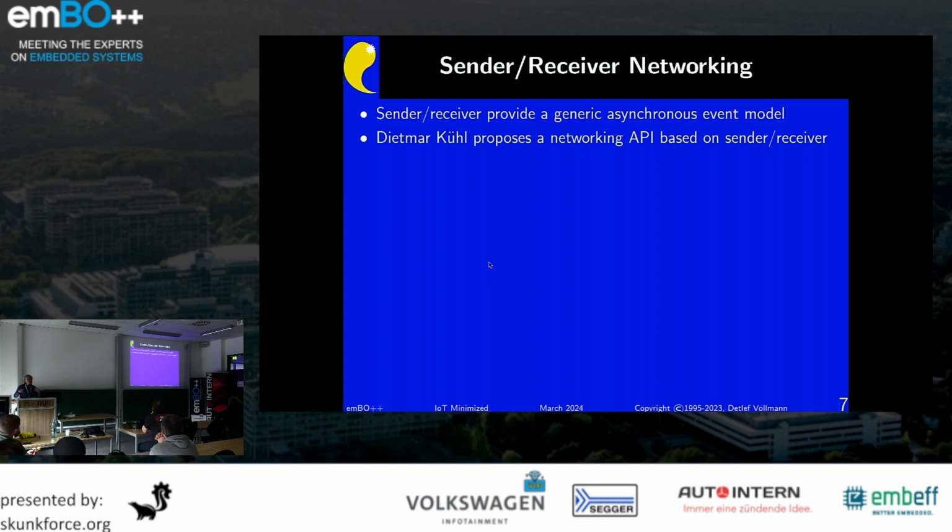So this is a generic asynchronous event model, and the discussion about this went on in the C++ committee for more than 10 years, because it is actually pretty tightly coupled with execution contexts. So, for example, on a server, you have multiple cores, you might even have multiple processors, you might have GPUs, you might have other accelerators for AI, for example, or whatever.